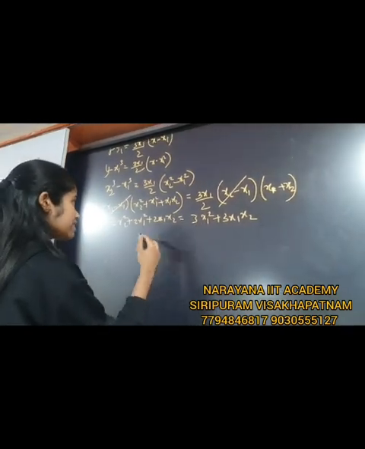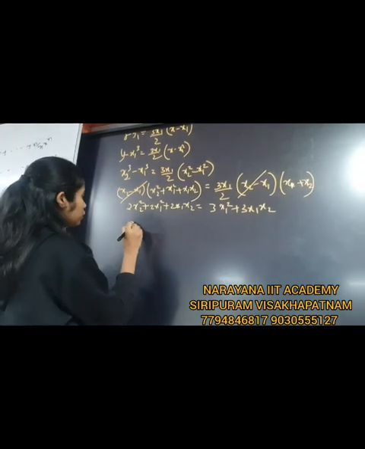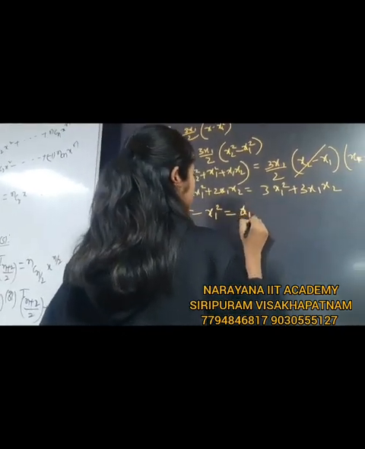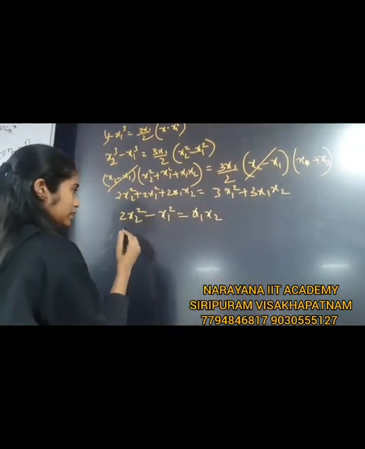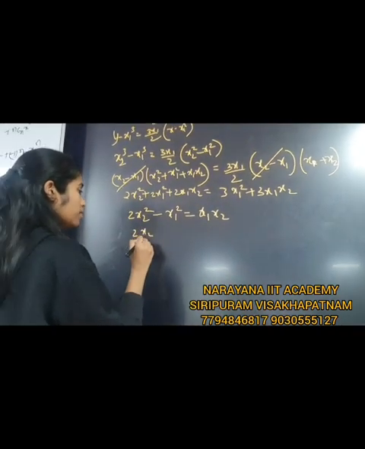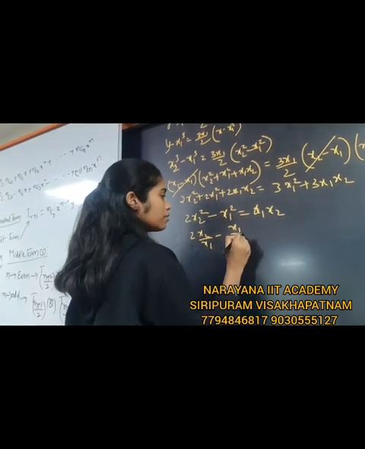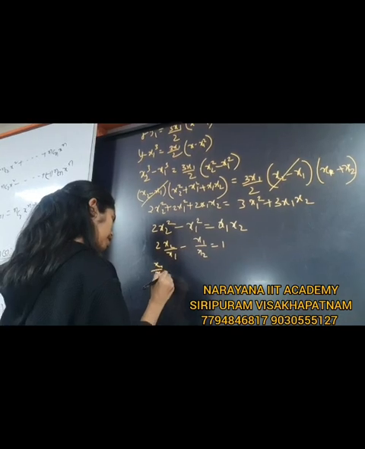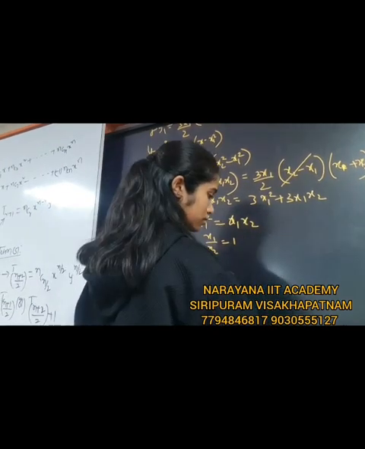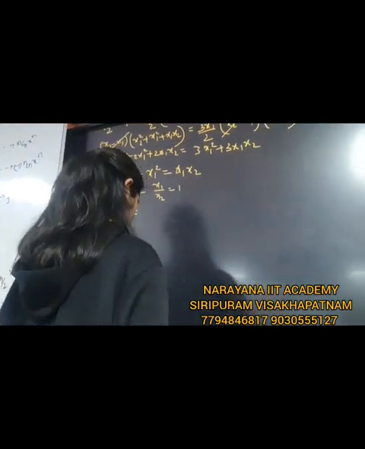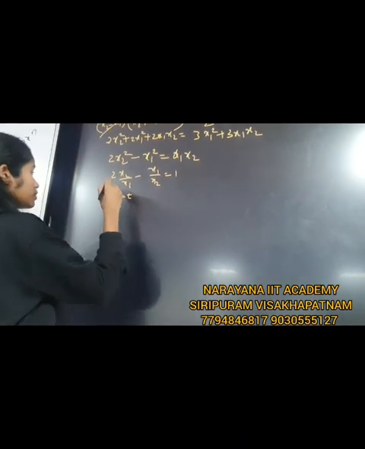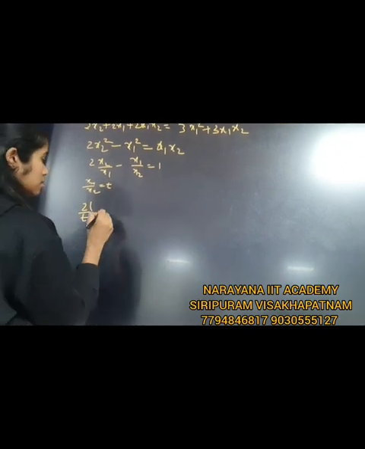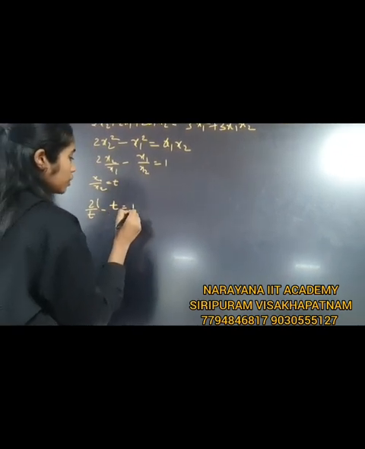When we bring this term to this side, then 2x2 square minus x1 square will be x1 x2. Bring this into the denominators, then 2x2 by x1 minus x1 by x2 will be 1. Take x1 by x2 as t, and we substitute in this, then 2 by t minus t equals 1.